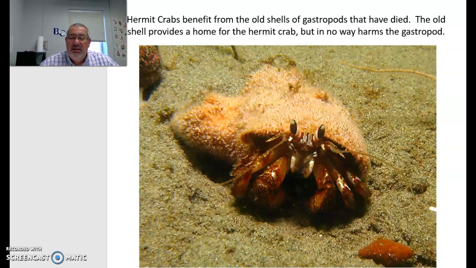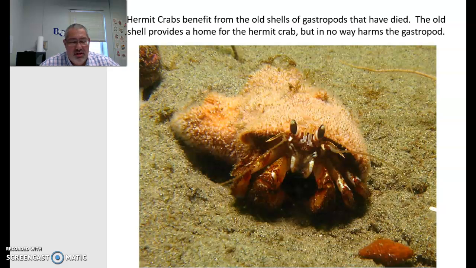The shell that the hermit crab is living in came from a type of animal called a mollusk, in particular a gastropod mollusk or a snail. The snail has long died. This shell has maybe washed around on the ocean floor. The hermit crab finds the shell. It is able to fit within the shell.